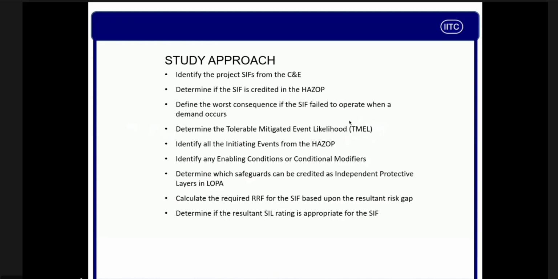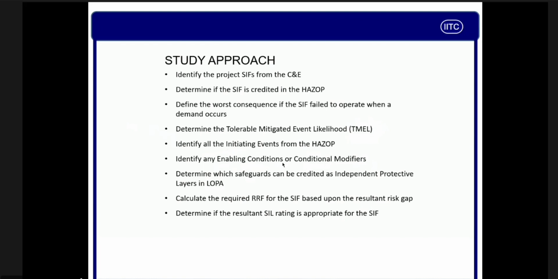In the HSE RM ST, in the terms of reference, we have identified the TMEL as per the ADNOC standard, and we will take help from the TMEL table. And of course, we will identify all the initiating events from the HAZOP. If we feel that some initiating events are missing in the HAZOP report, we will correct the initiating events in our session, but we will not touch the HAZOP. After that, conditional modifiers will be taken into credit. Enabling events are not applicable for the oil and gas industry.